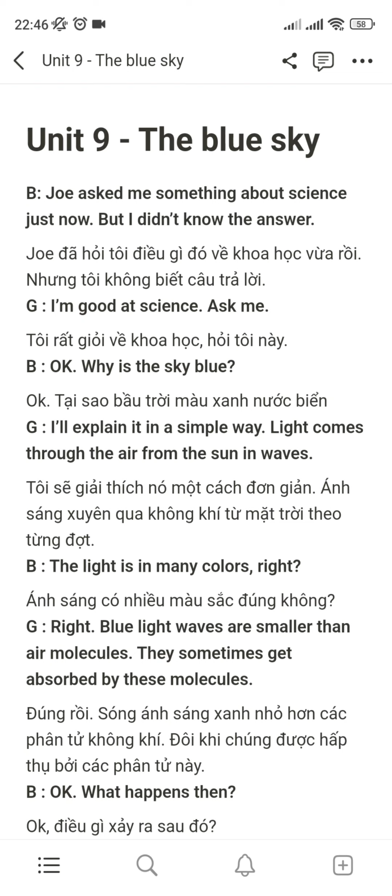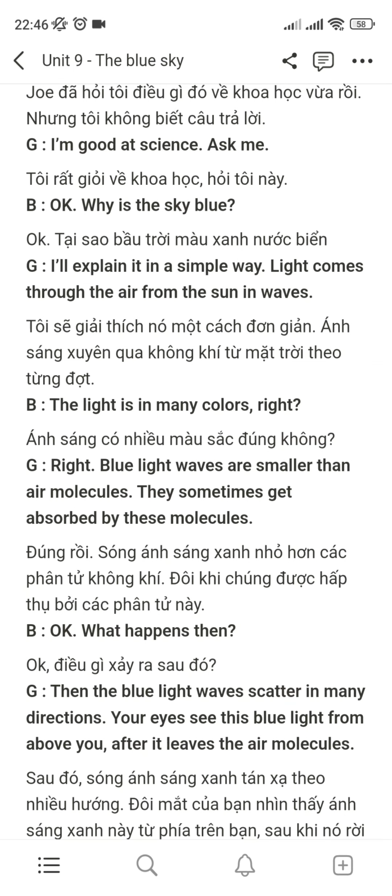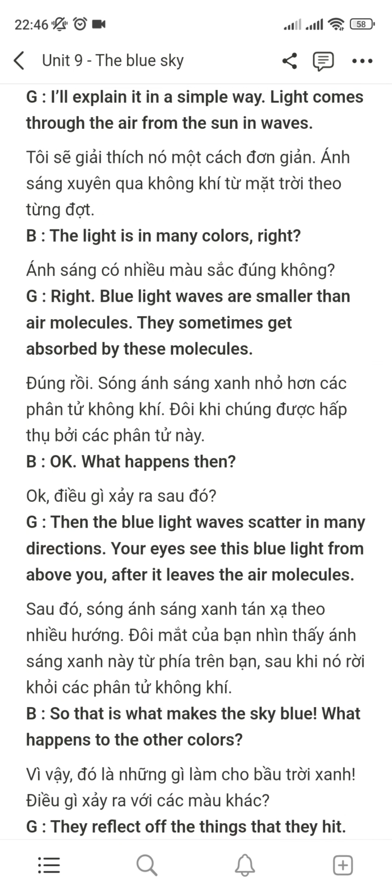Right. The blue light waves are smaller than air molecules. They sometimes get absorbed by these molecules. What happens then? Then the blue light waves scatter in many directions.